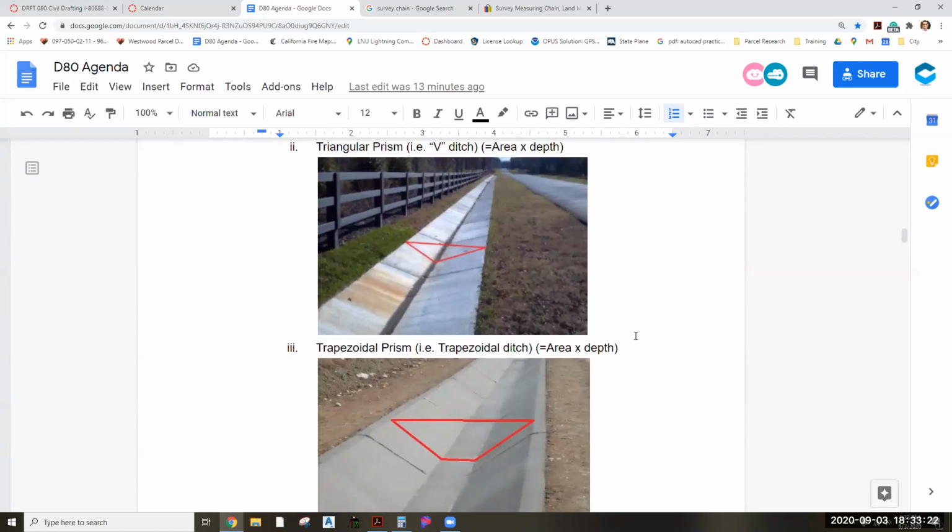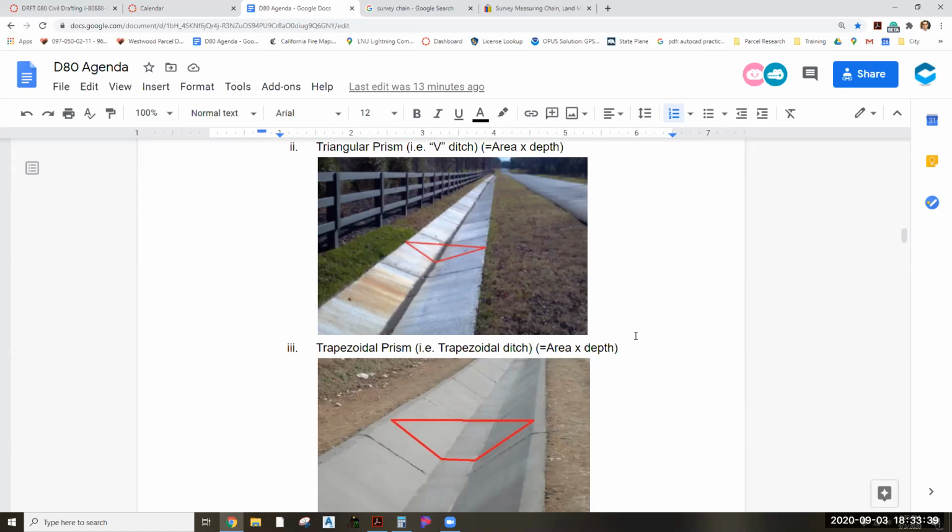We also see triangular prisms in civil. Now, when I say triangular prism, I'm not talking about a prism for refracting light.